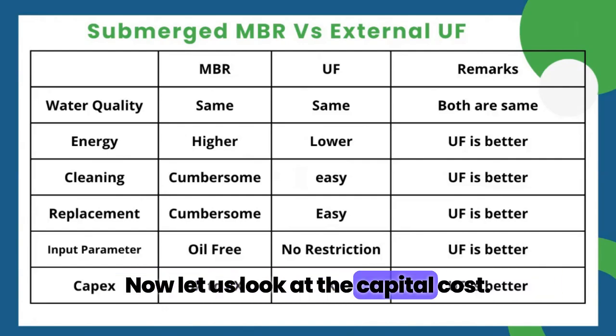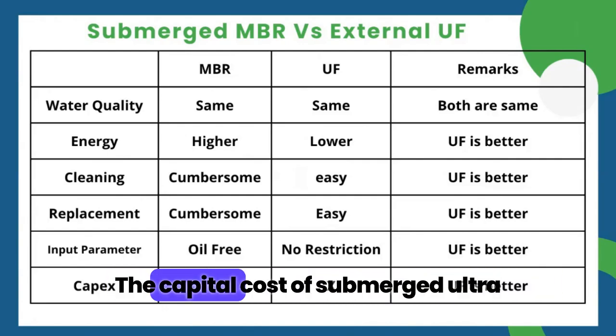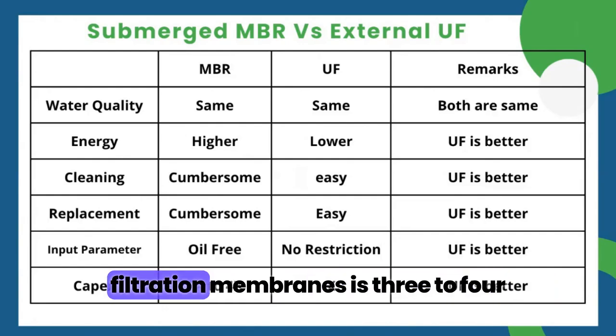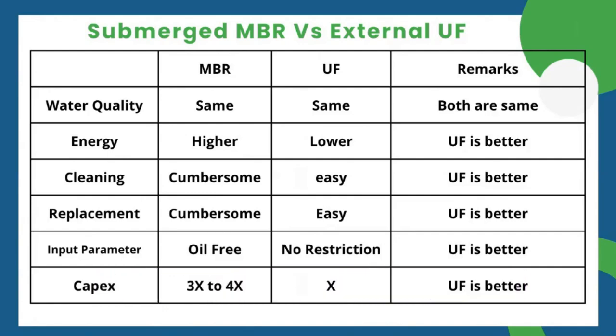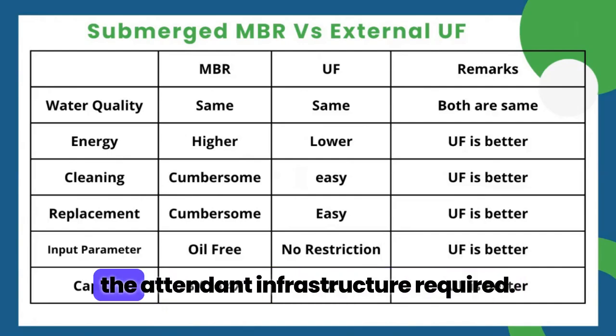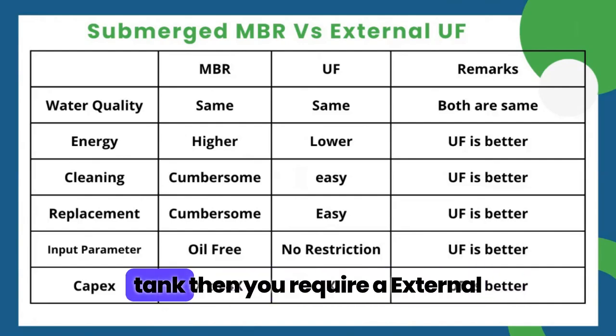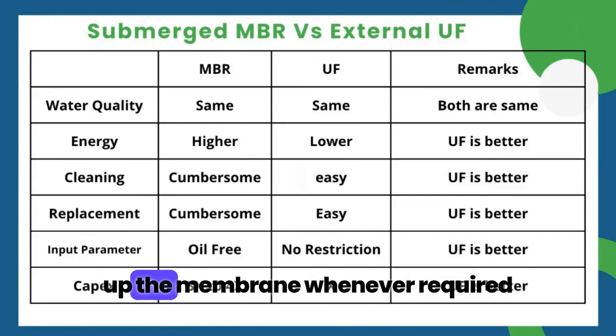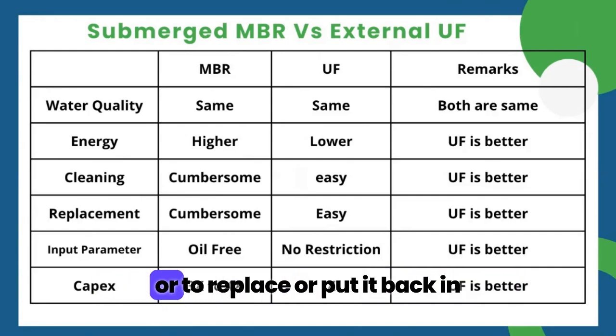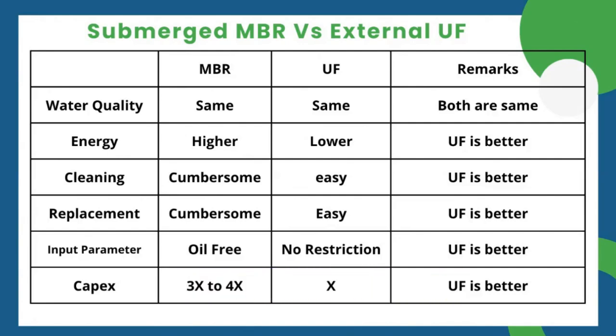Now let us look at the capital cost. The capital cost of submerged ultrafiltration membranes is 3 to 4 times that of external UF membranes. And not only the membrane cost, but the attendant infrastructure required: you require a separate MBR tank, then an external hoist on top of the tank to pull up the membrane whenever required, or to replace or put it back in place, right?